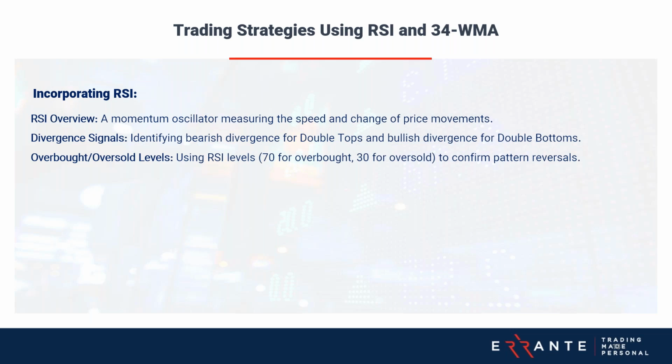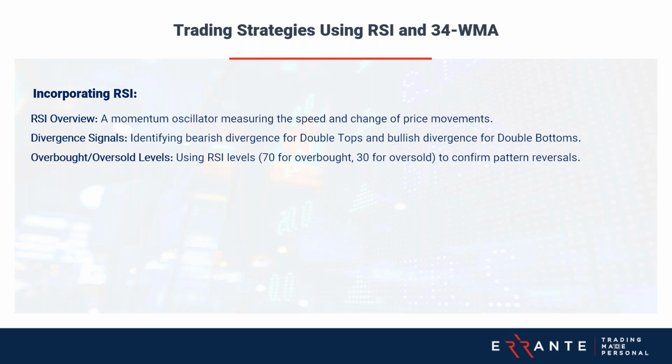And the RSI crossing below the neutral zone to the selling area is the confirmation for the formation of the double top, if we see the market simultaneously breaking below the neckline.